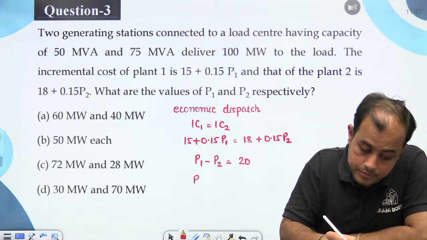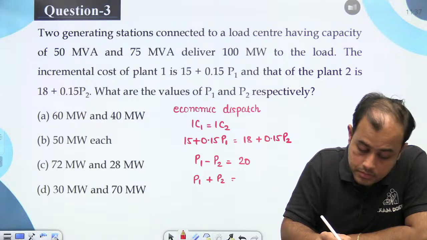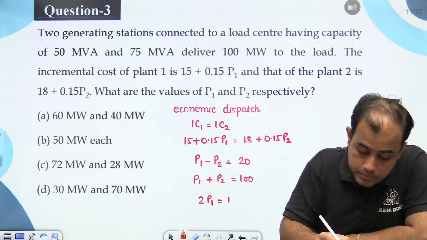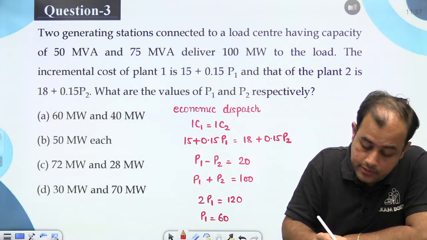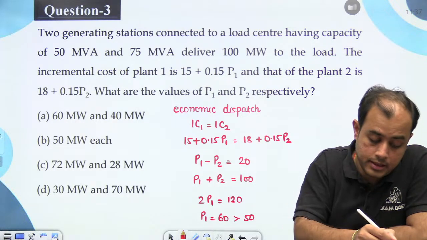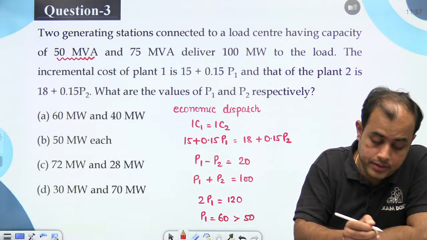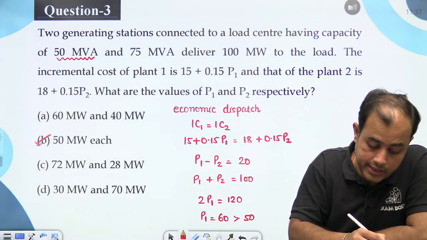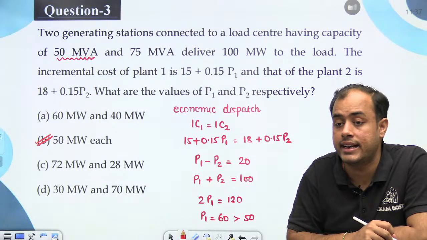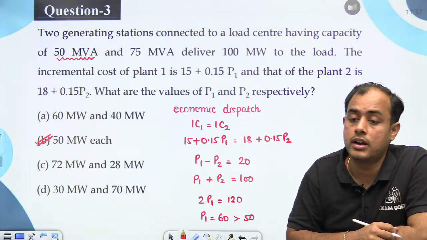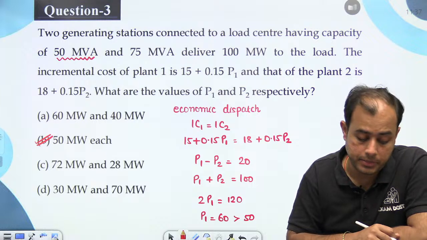So P1 is 60, which is greater than 50. The rating is 50. Therefore, both will deliver 50 megawatt. It cannot exceed the rating. So answer will be B.